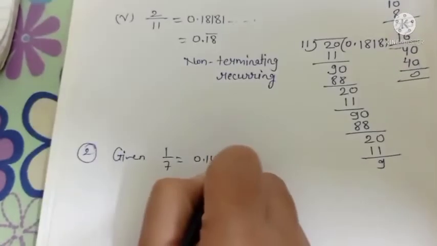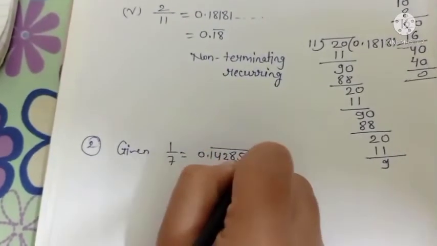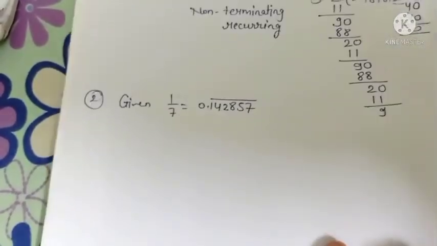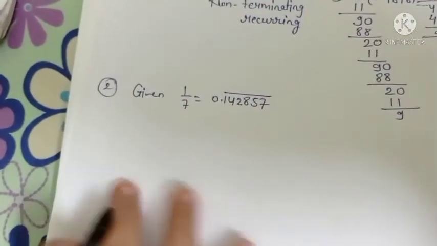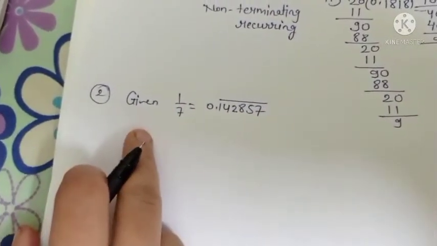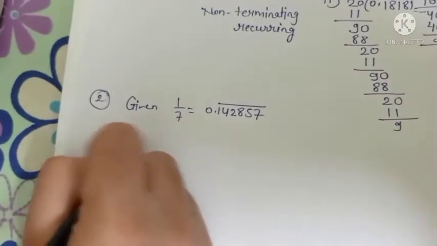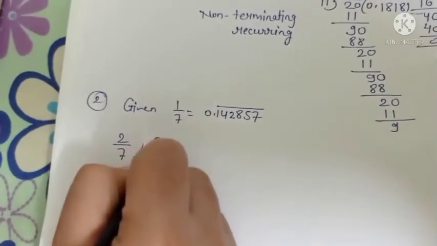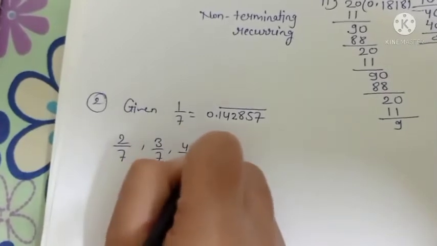If so, how? We are given that 1 upon 7 equals 0.142857 bar.